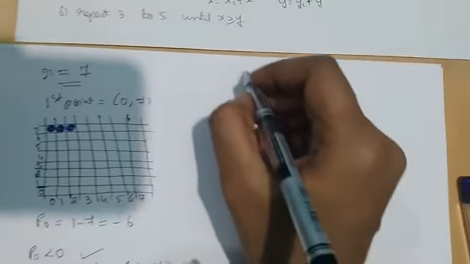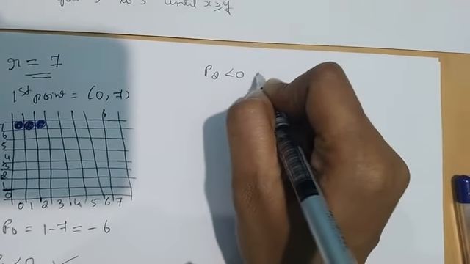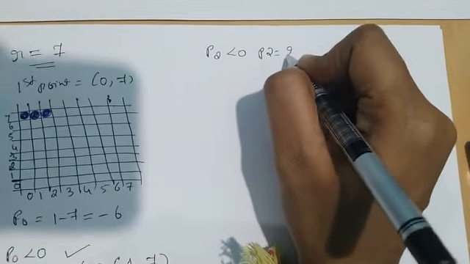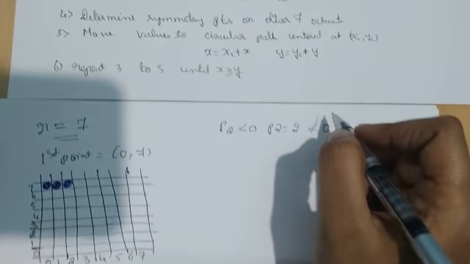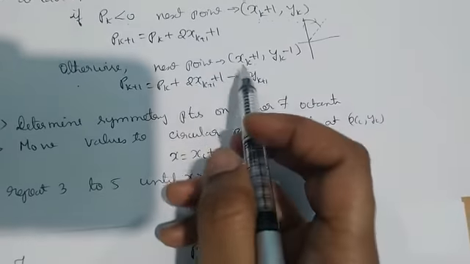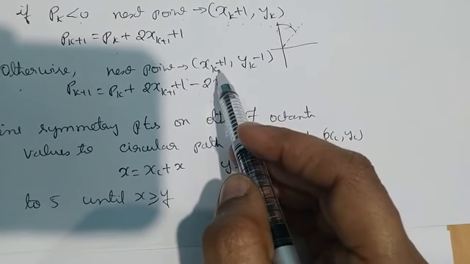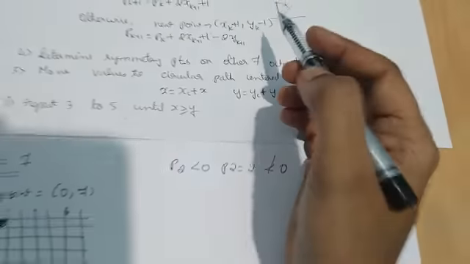Now, previous value of P is P2. You're supposed to check, is P2 less than 0? P2 is equal to 2, as you can see here. It is not less than 0, so you're supposed to go for the second otherwise condition. When it is not less than 0, it's going to increment the x-coordinate value but decrement the y-coordinate value.